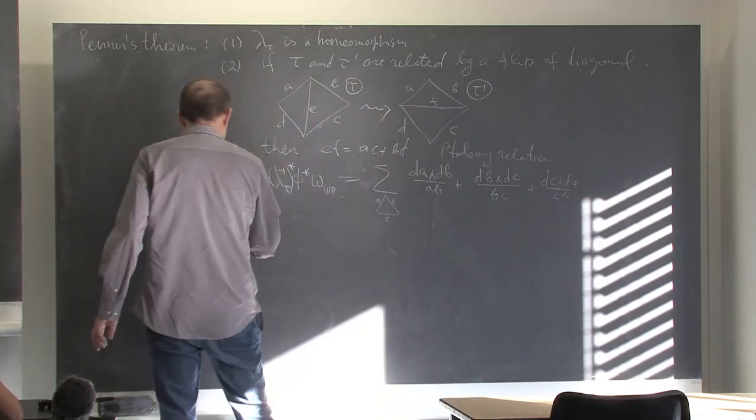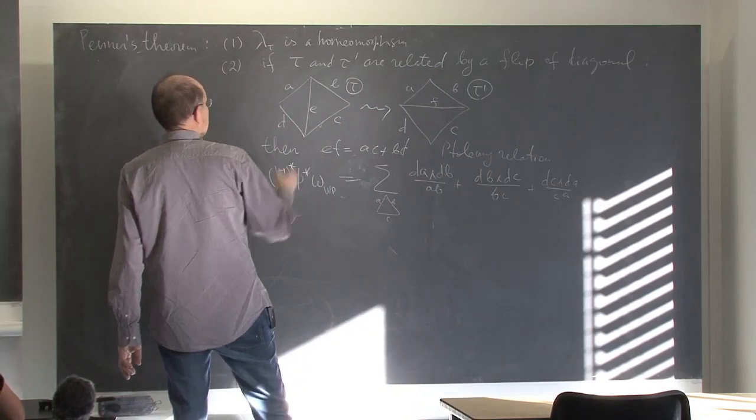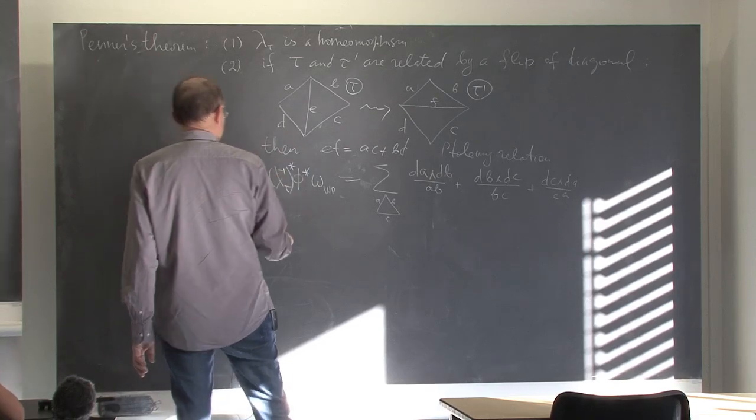And the first part was about identification of the image of the Teichmüller space.